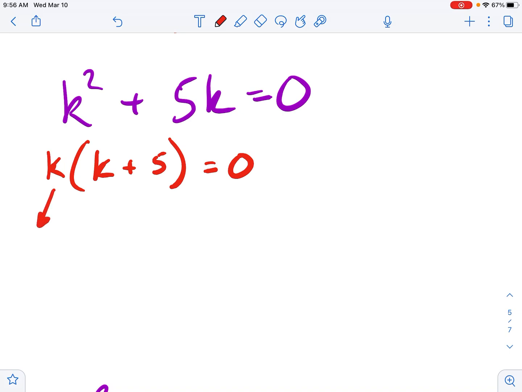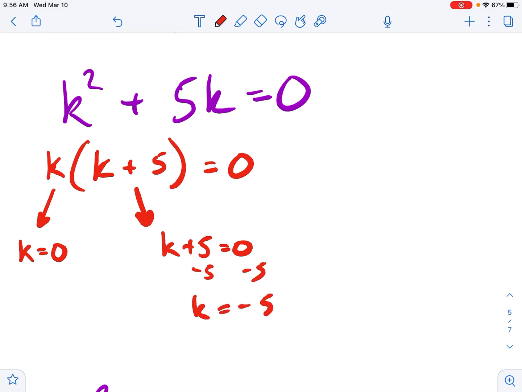I'm going to set this factor equal to 0. I'm going to set this factor equal to 0. So I have two solutions for this equation, 0 and negative 5. So always check, can you factor out a GCF?